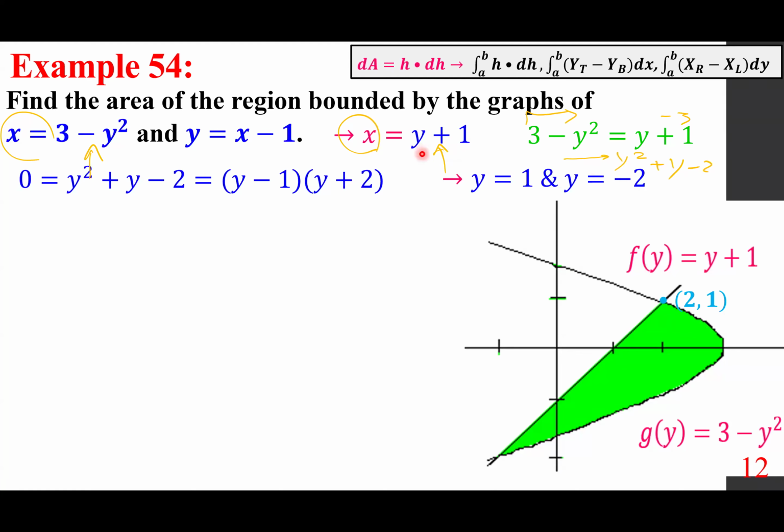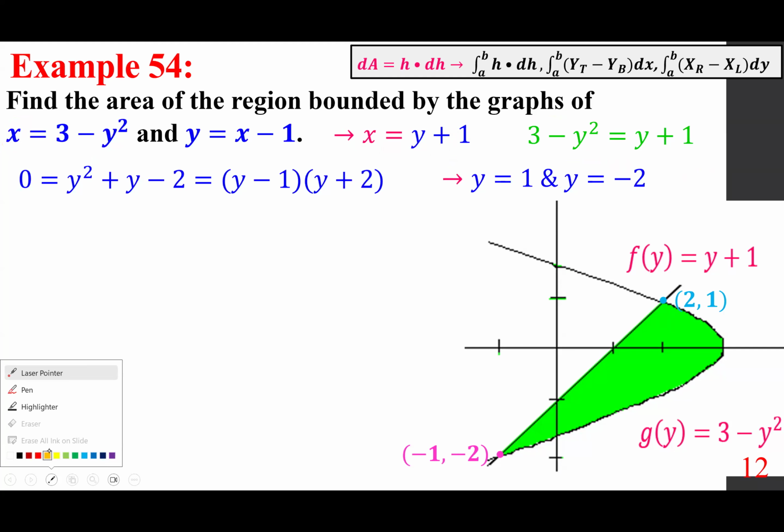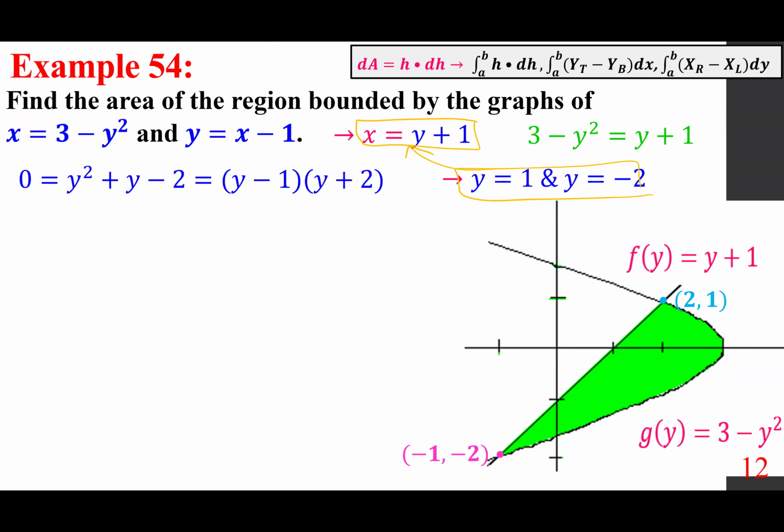If y is -2, x is -1. The easiest way is to put these y values into the easy line. You can also put it into the other one and check it with this one.